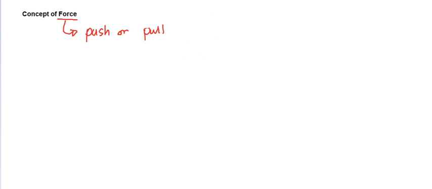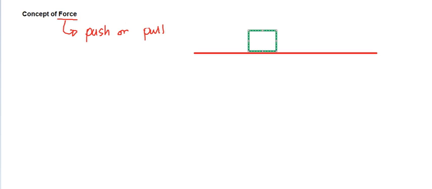Say, for example, we have here an object. Say it is on the floor, this object resting on the floor.